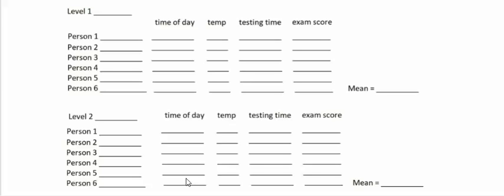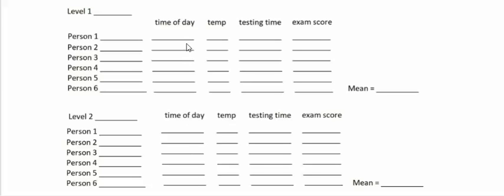So like I said, if I say to control it, then pick a time of day and put that same exact time of day for everyone, all 12 people. If I say to balance it, then make it half and half for group 1 and half and half for group 2.